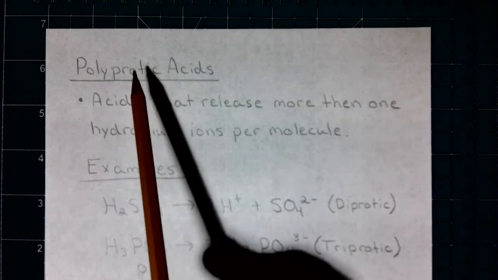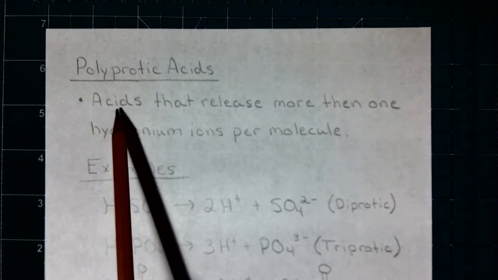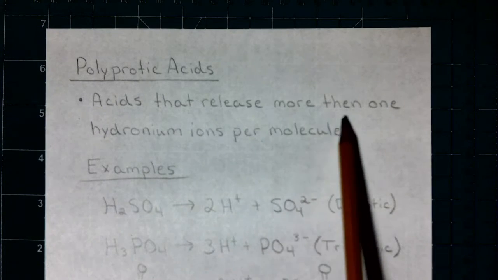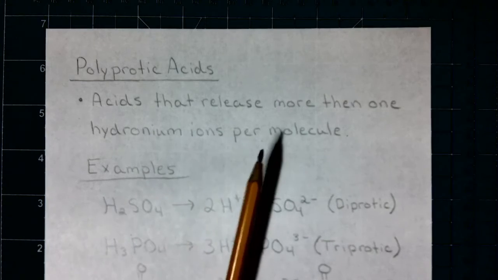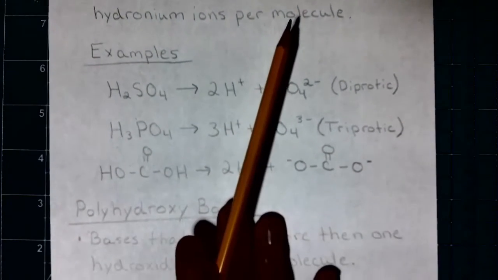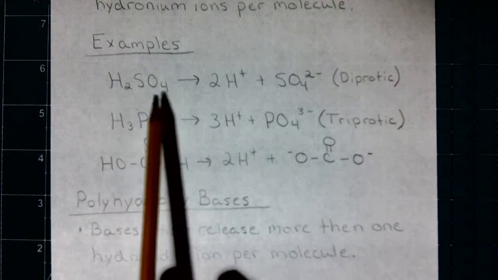Okay, I now want to introduce for you guys polyprotic acids. These are acids that release more than one hydronium ion per molecule. So let's look at some examples of that. We saw in some previous examples, we had sulfuric acid.